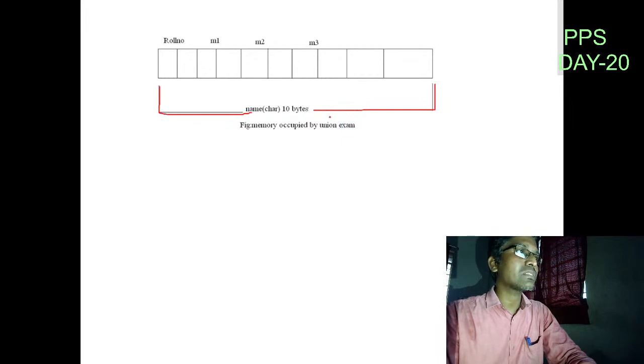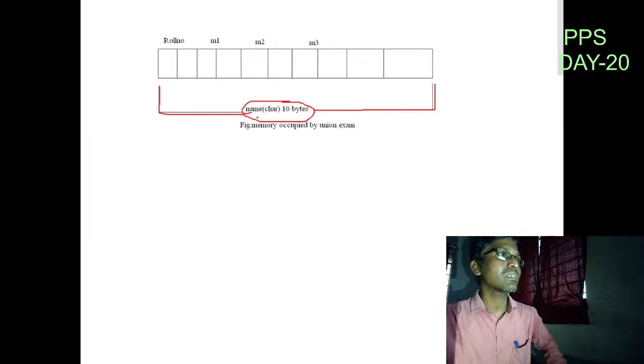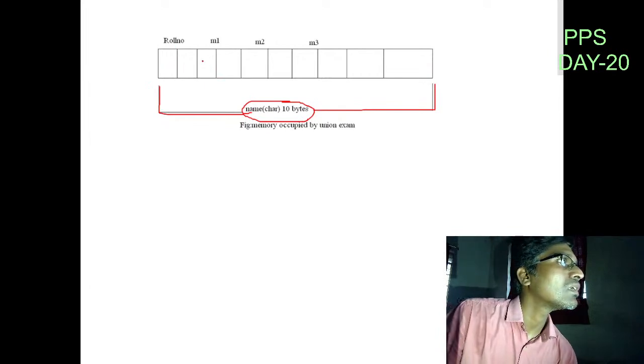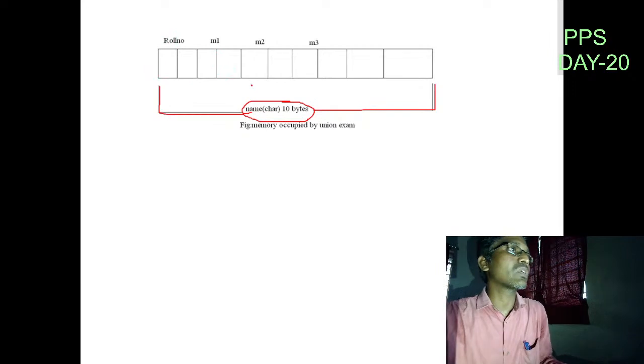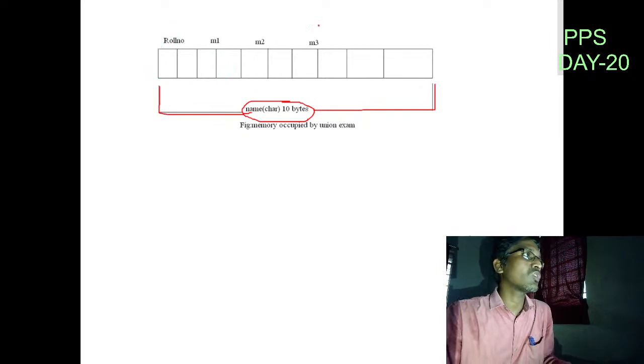So how many bytes will the name occupy? It will occupy 10 bytes of memory, and the remaining union members are going to share the 2 bytes in the memory location. So the total memory will be only 10 bytes.